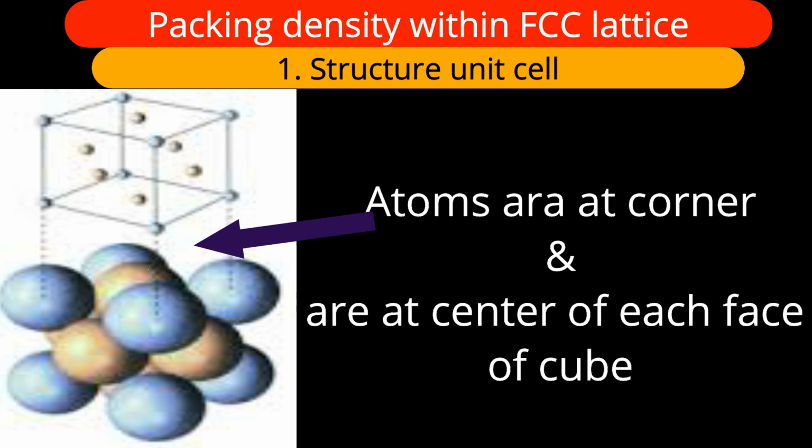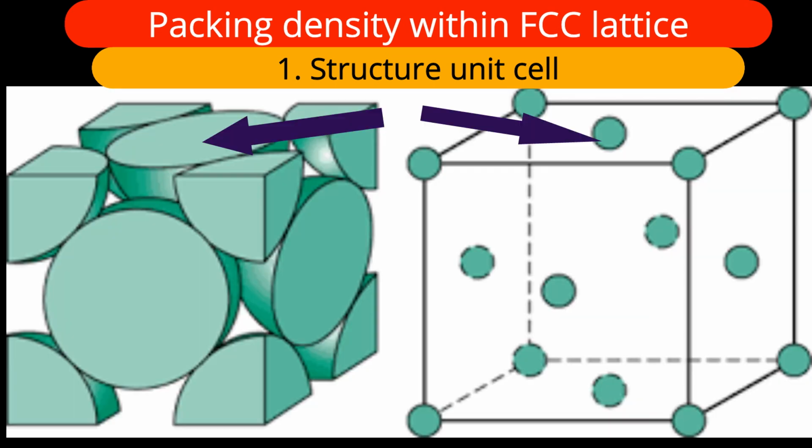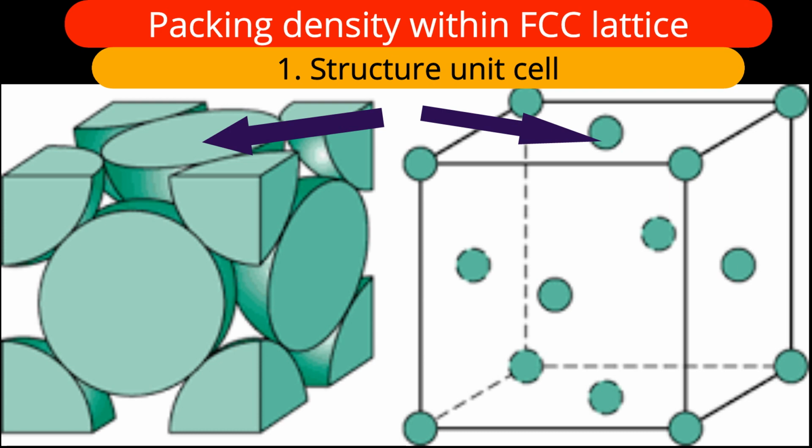In another way, how can we represent the FCC structure? Pay attention. See here, the same structure is represented. The atom at the corner of a face touches the atom at the center of a face, which touches the atom at the other corner of a face. So along the face diagonal, atoms are touching each other. As one representative face is there, the same is the case for all other faces of the cube. Total 6 faces are there for a cube.